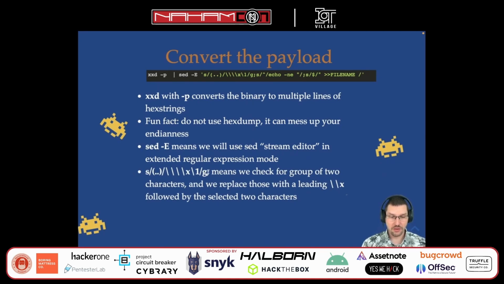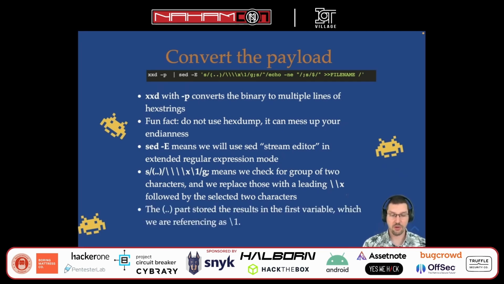Now this part means that we are checking for a group of 2 characters, and we replace these with a leading \x, followed by the selected 2 characters. This is practically used for defining the hex characters, which will later be interpreted by the echo command.